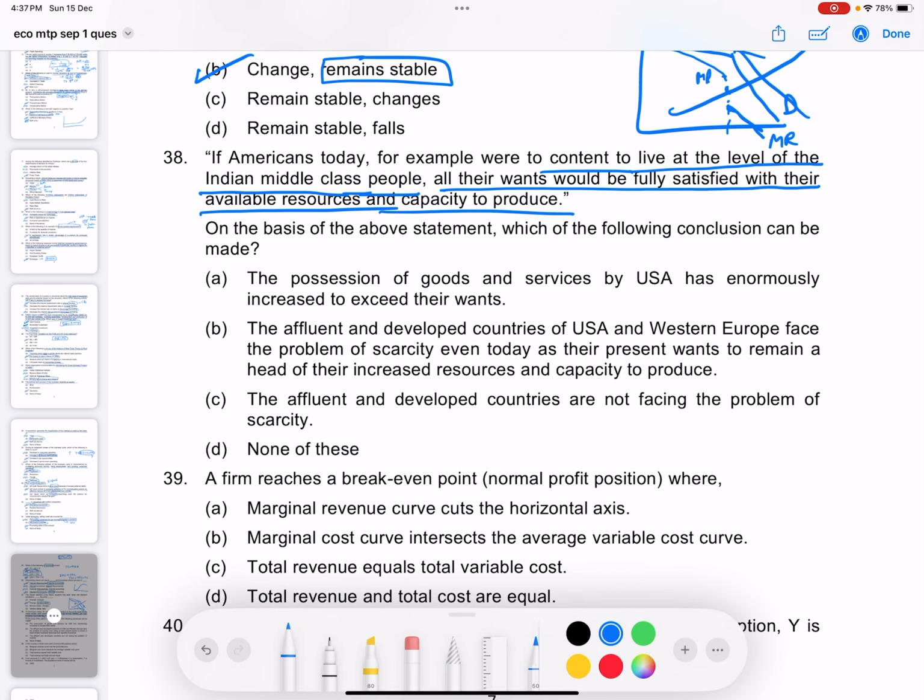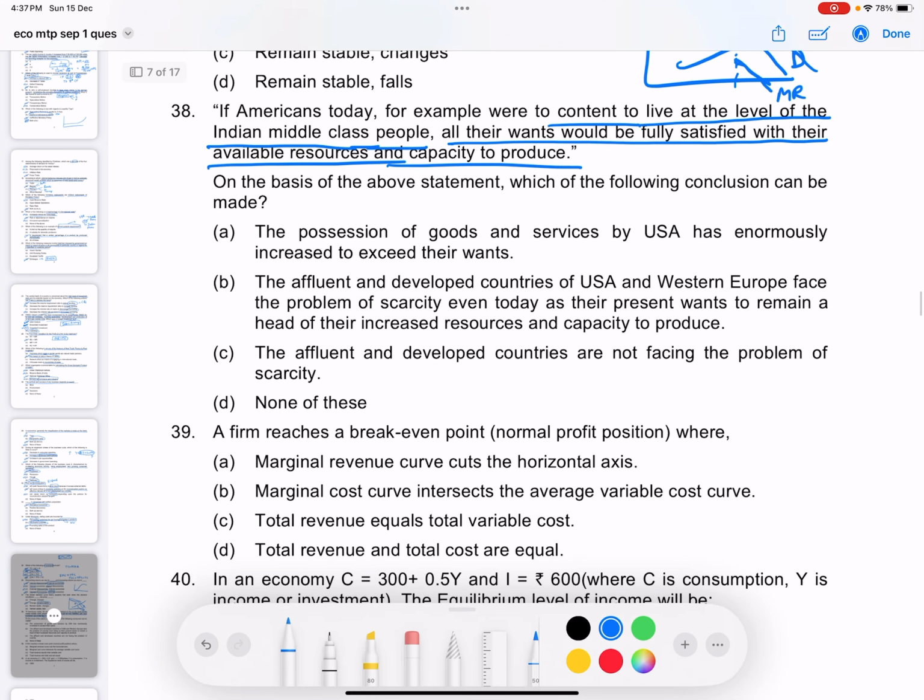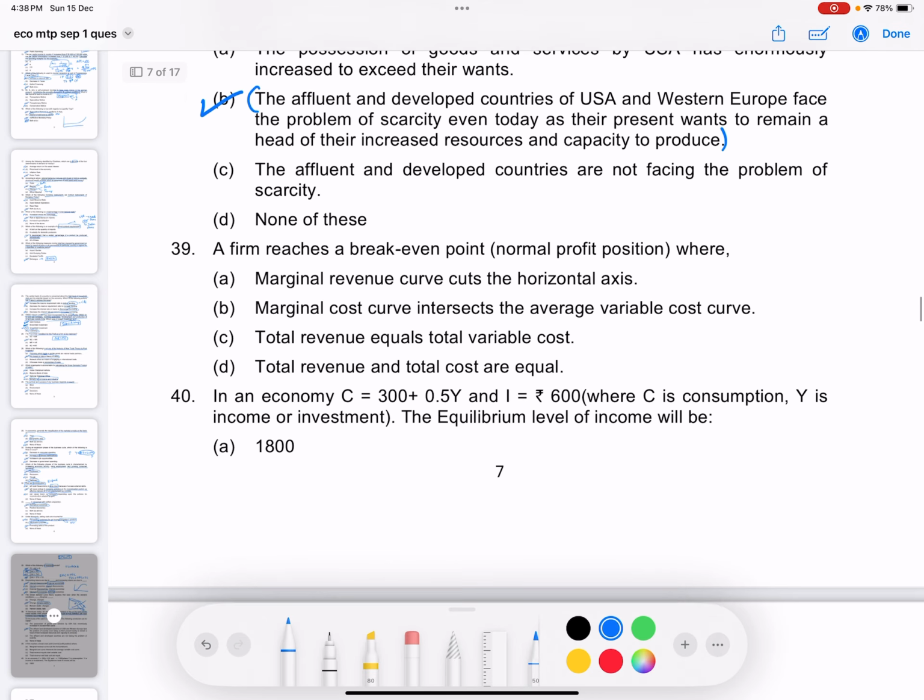No. The affluent and developed countries of US and West face the problem of scarcity even today. Okay, now if you'll read all of them, B is the most suitable. And it is a general theory. If the length of the answer is very high, so that would be the possible answer.